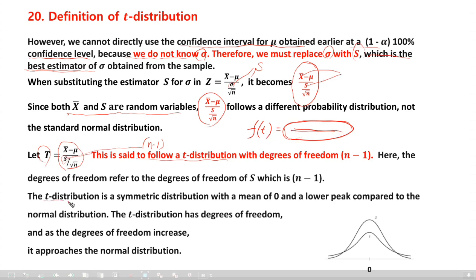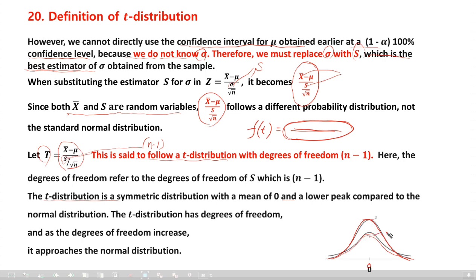The t distribution is a symmetric distribution with mean 0 here. And it has a lower peak compared to the normal distribution. This is the standard normal, and the t distribution is like this. The top is lower than the standard normal, like this.